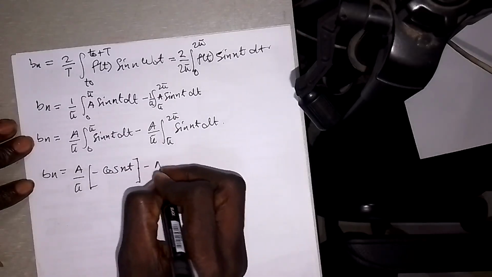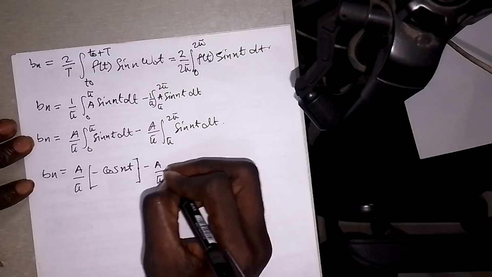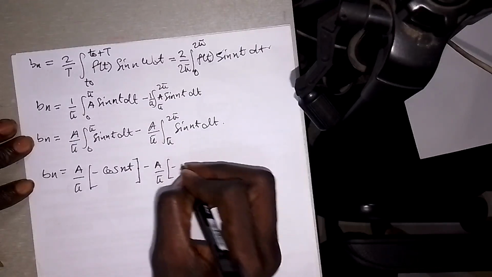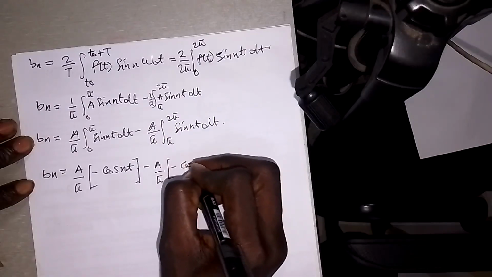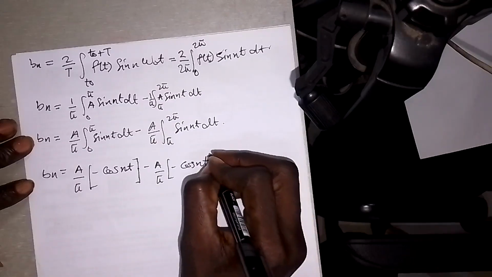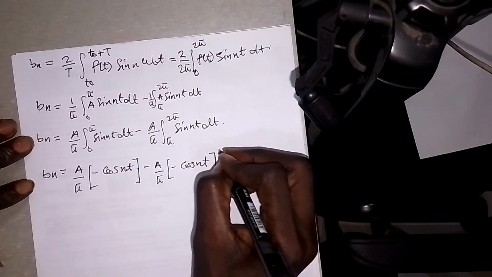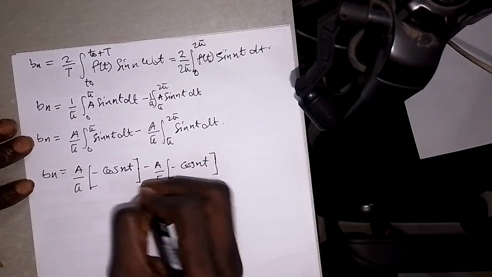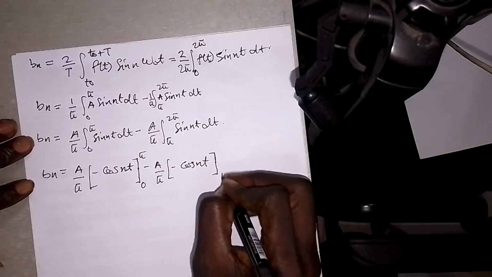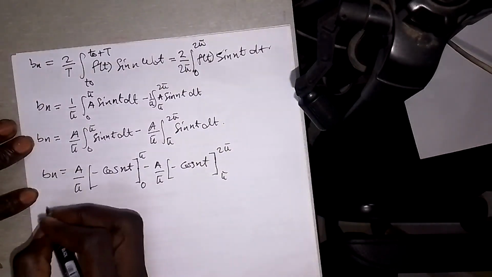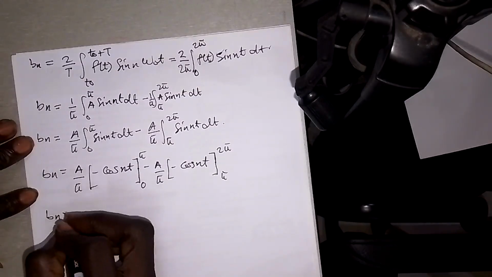Minus A over pi into minus cos nt. Okay, all right, so here I have 0 to pi, and I have pi to 2 pi. So you just substitute in your limits from this point onwards.